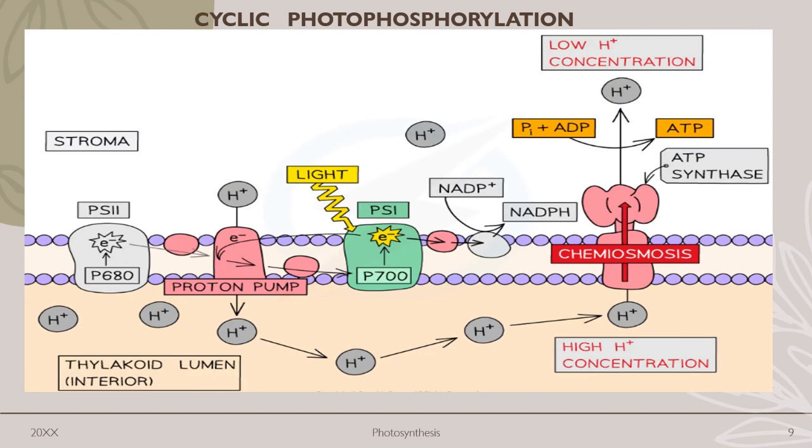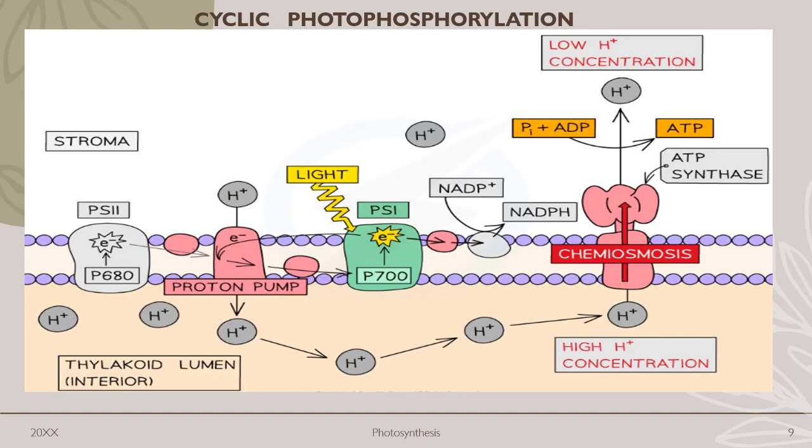When these are accepted by the proton pumps, hydrogen moves from the stroma into the thylakoid lumen. You can see the down one is the thylakoid lumen and the stroma is the liquid outside, the cytoplasm. And these hydrogen ions, these gray ones, are present in the stroma.